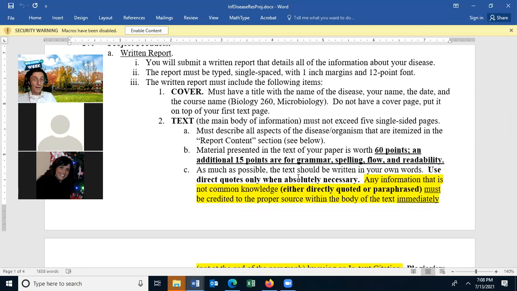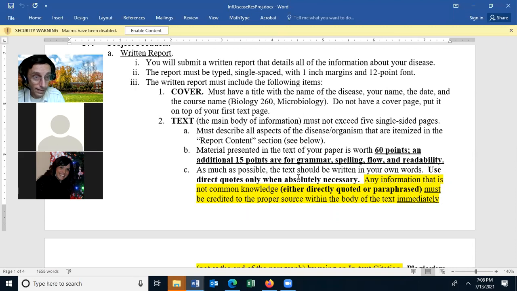Any information that you report in your paper that is not common knowledge, you must give an in-text citation for where you got that information. For example, if I were to make the statement that in the United States we have lots of HIV patients, that would be considered common knowledge.